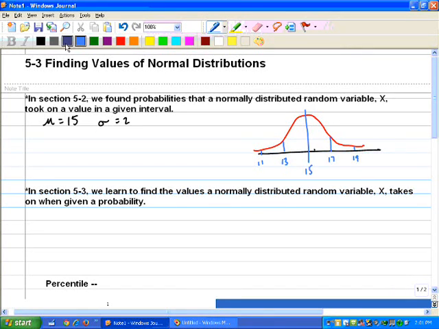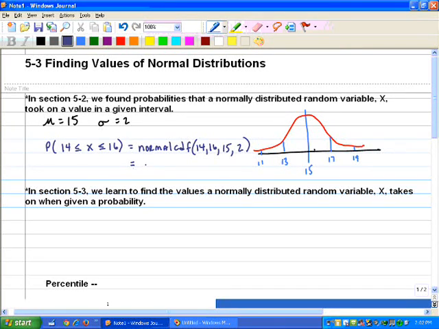And if we wanted to know the probability that our random variable x took on a value between 14 and 16, we could use the calculator and do second vars, go to the normal CDF, type in the lower bound, upper bound, the mean, and the standard deviation for our random variable x, and the calculator would give us that probability.